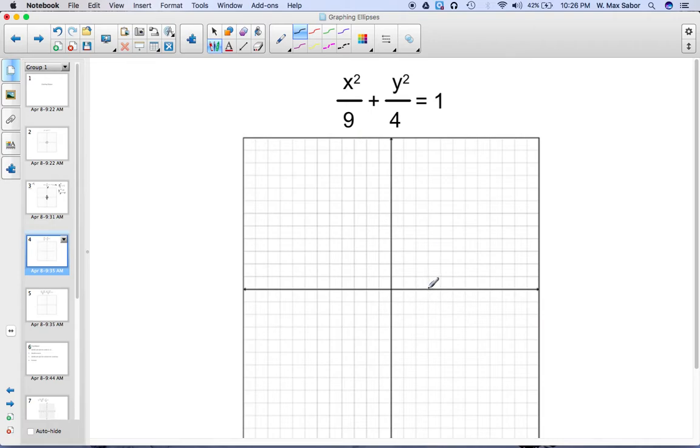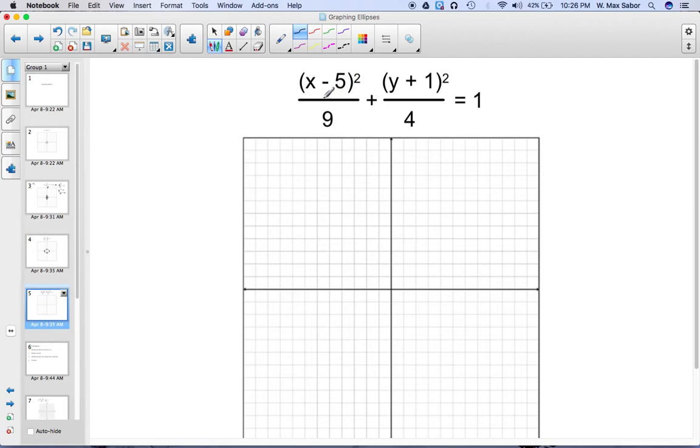So 3 as the positive x-coordinate, and 3 is the negative x-coordinate. 2 is the positive y-coordinate, 2 is the negative y-coordinate. This gives you a simple ellipse. Forgive my poor drawing. And this is from 3 to the right, 3 to the left, 2 up, 2 down.